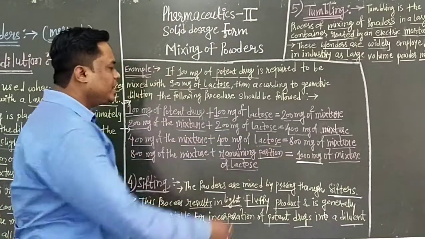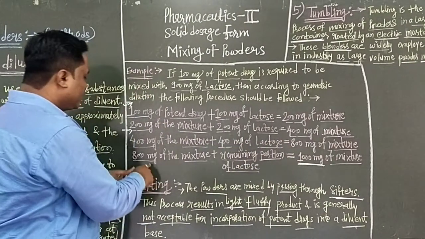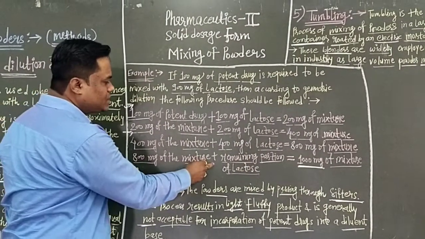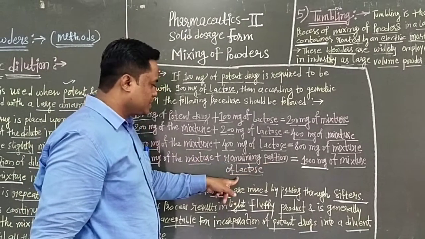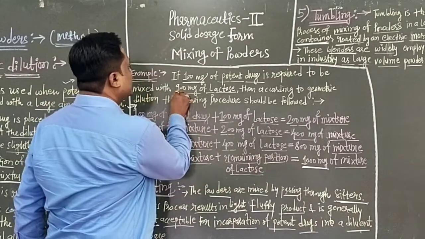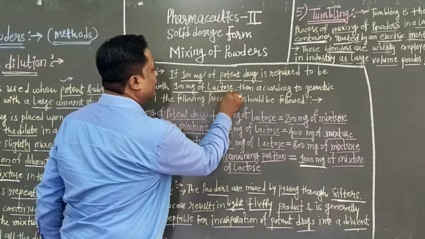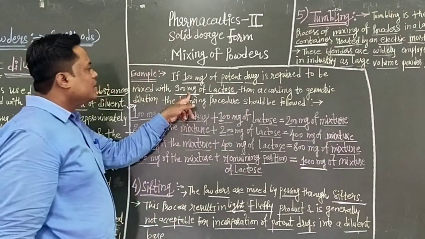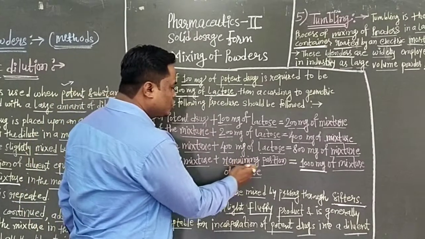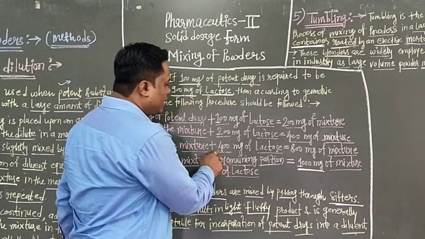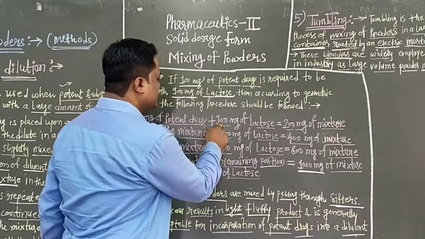Then we have to take this 800 mg of the mixture plus we have to add the remaining portion of lactose. The quantity of lactose in the example is a total of 900 mg. Then the remaining portion of lactose means 200 plus 400 is 600, plus 100 is 700.